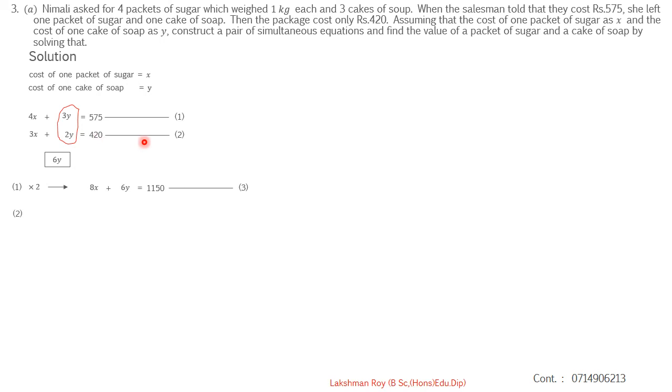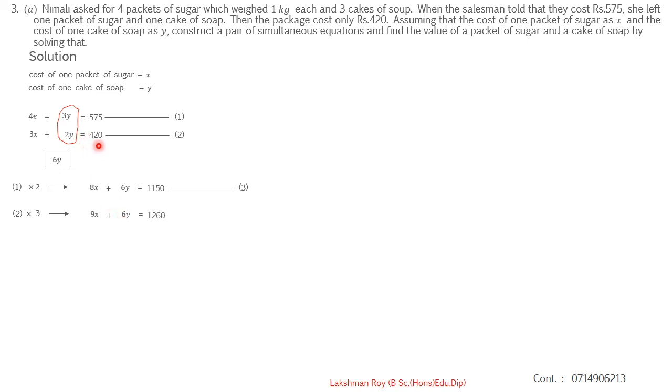Each term is multiplied by 3, so the second equation should be multiplied by 3. So I write 3x multiplied by 3: 3x into 3 is 9x, then plus 2y multiplied by 3, that is 6y.